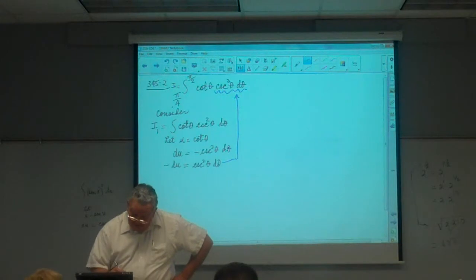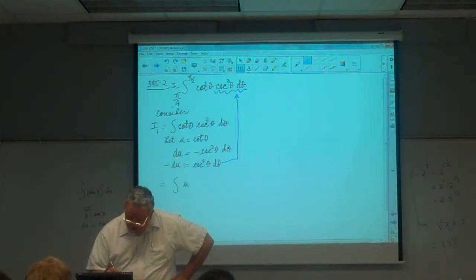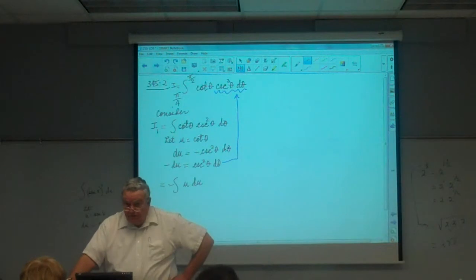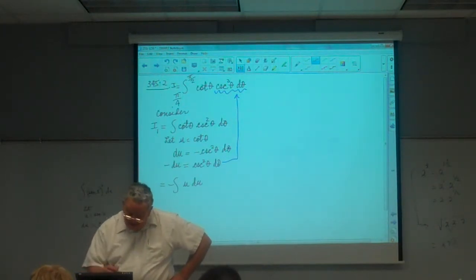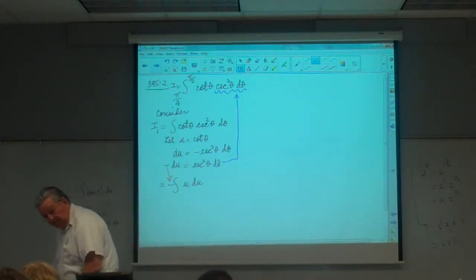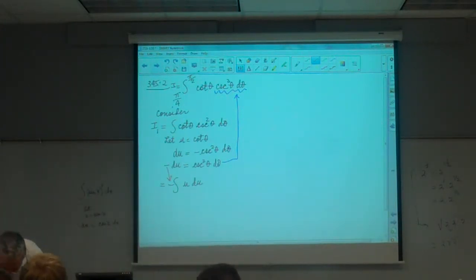So now isn't I1 equal to the integral of u du with a minus out front? And that minus came from right there, didn't it? Let me stop and point out that this is a real good time to ask the question.